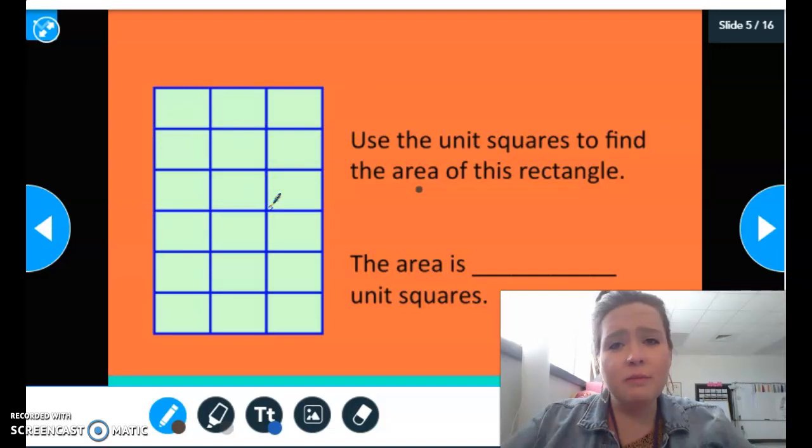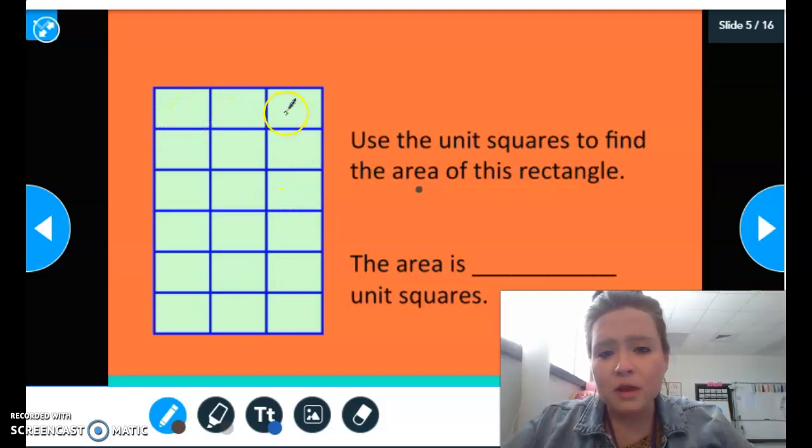So it's really important that we also practice finding the length and the width, because when we don't have the squares inside, like this little grid, we have to know how to find area using length times width, okay?